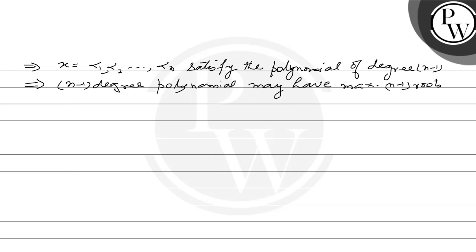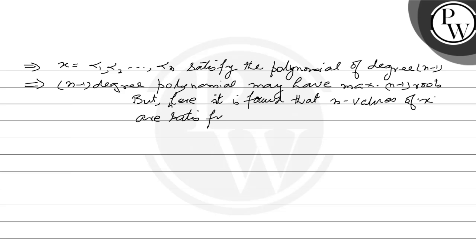But what are we finding here? It is found that n values of x are satisfying. That means it is more than that.